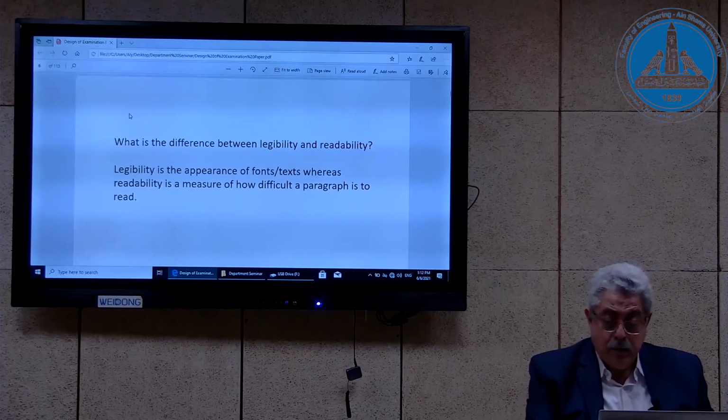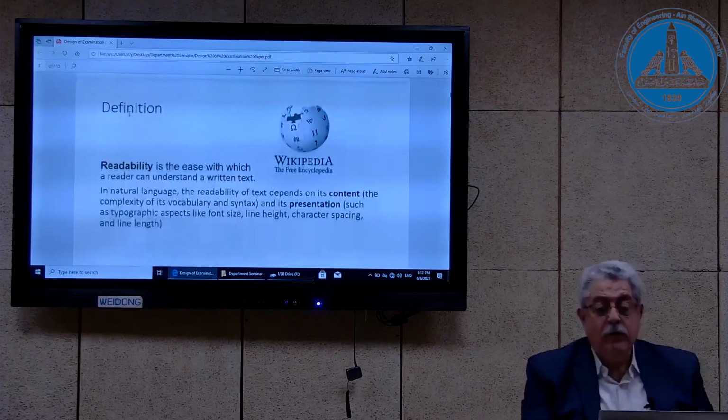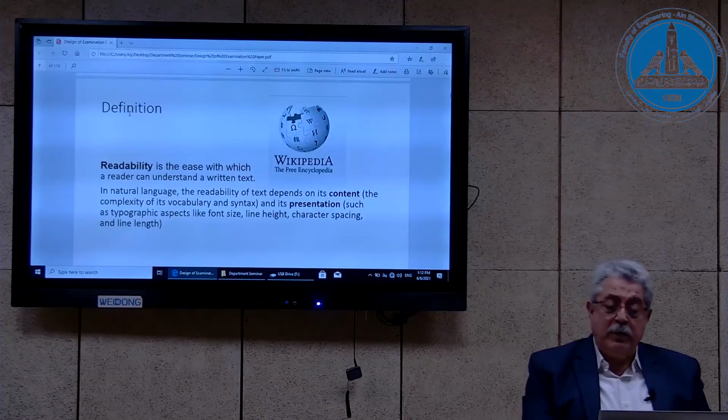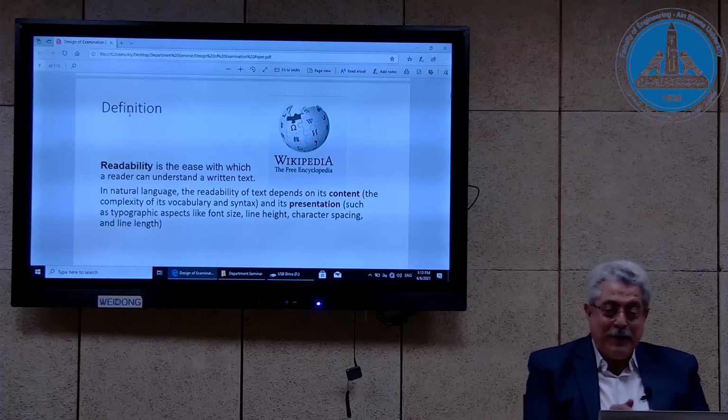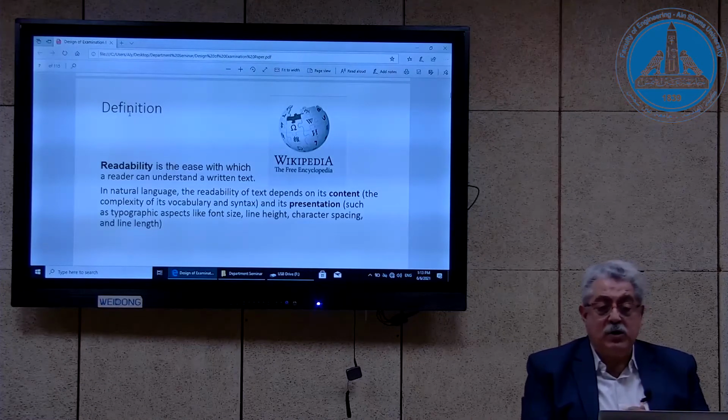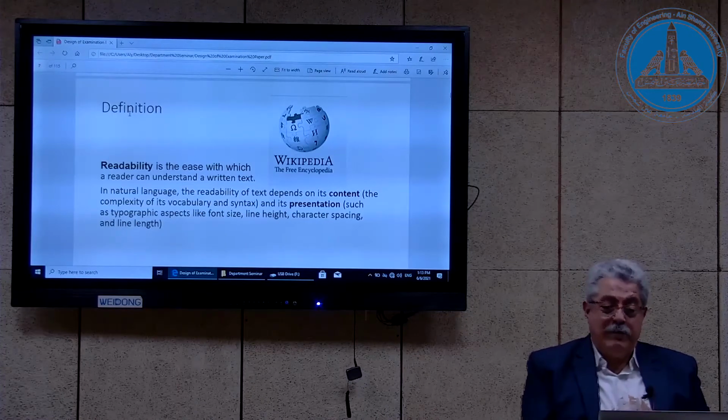However, if you go to the Wikipedia definition of readability, in this particular definition, readability includes legibility within the definition.